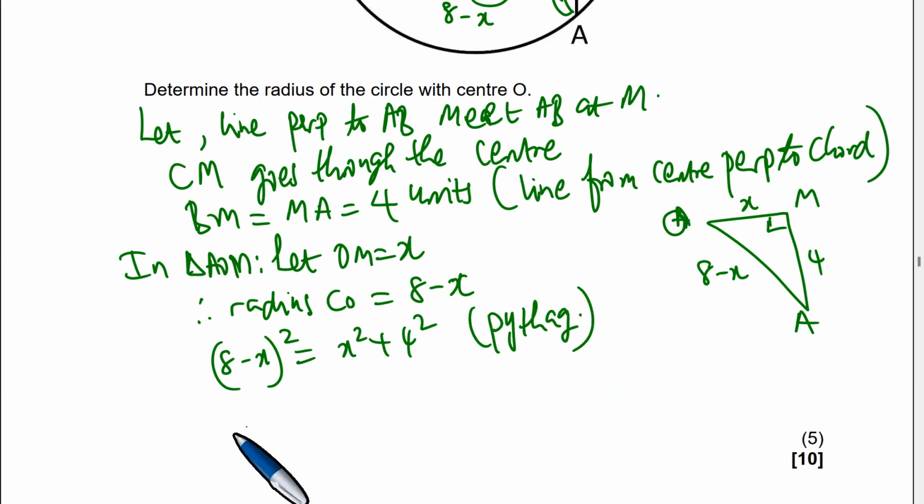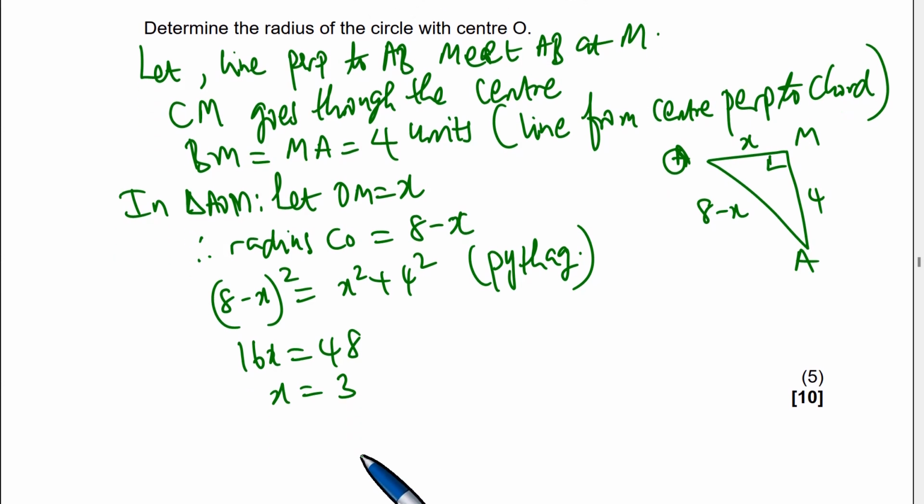So, we do the algebra and you get that 16x is equal to 48. You divide 48 by 2, you get that x is 3. And if x is 3, what is the radius?